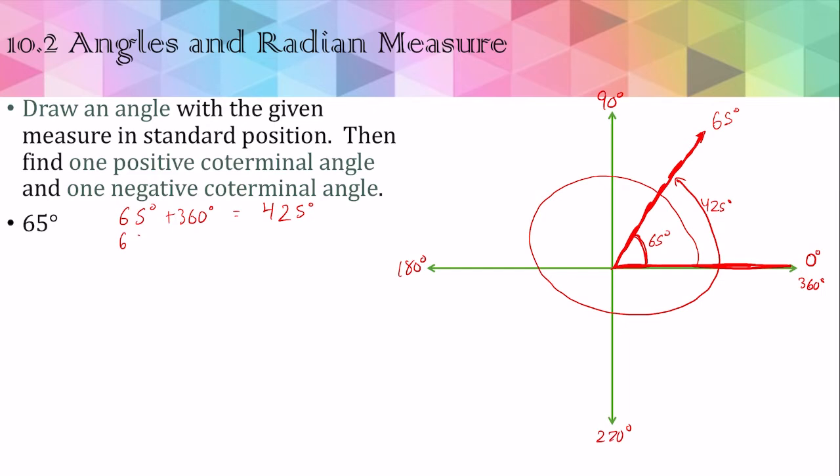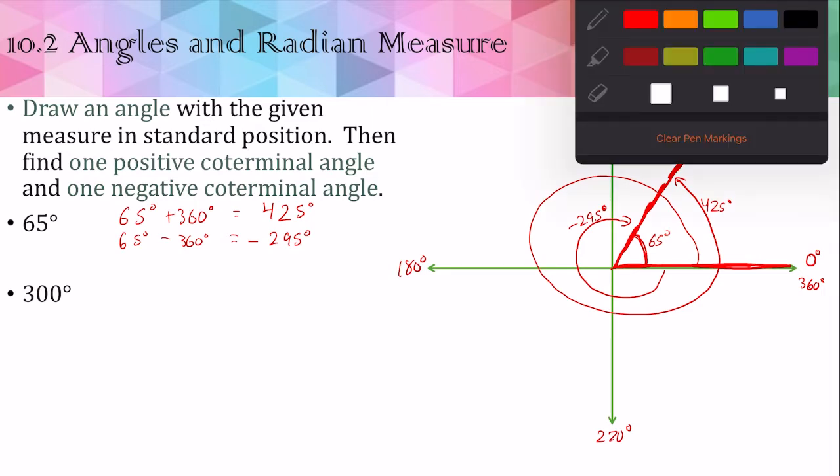Or we could subtract 360 and get negative 295. That's going backwards, but it ends at the same point. Shall we try another?